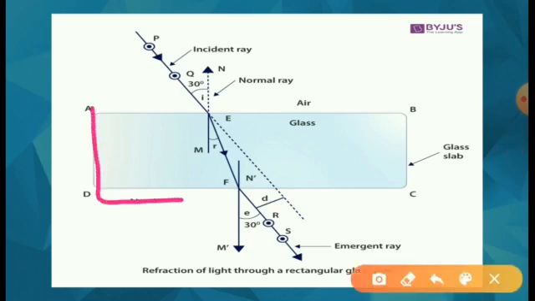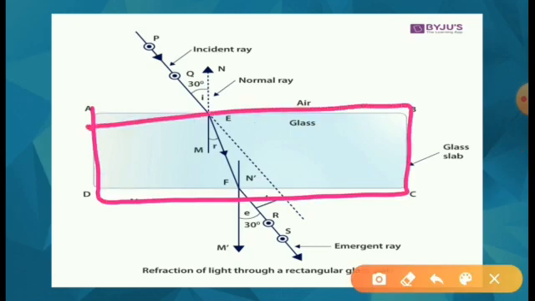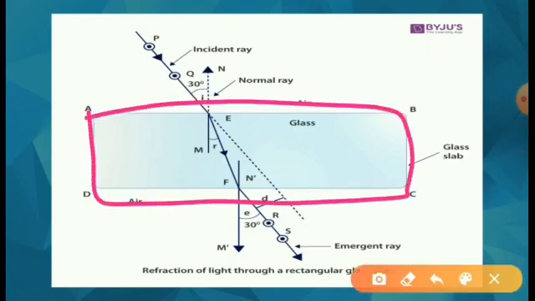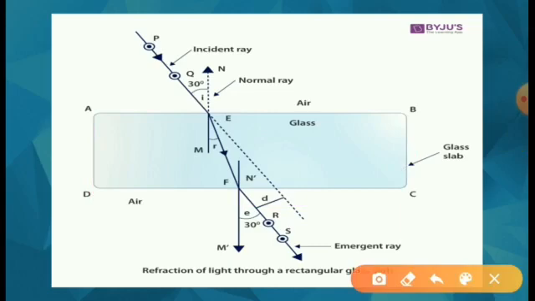This is the glass slab. Take a piece of paper and place this glass slab on it, and afterwards draw the outline of it and then remove the glass slab. Take a point here, with the protractor mark 90 degrees and make an angle of 30 degrees from that.